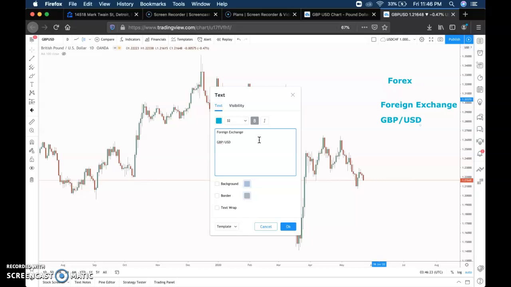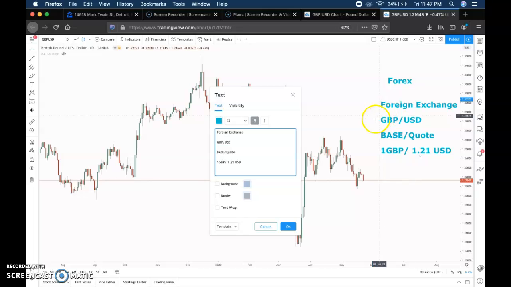GBP USD, base. So basically, Forex is short for foreign exchange. Right now I'm looking at the currency pair, GBP USD.